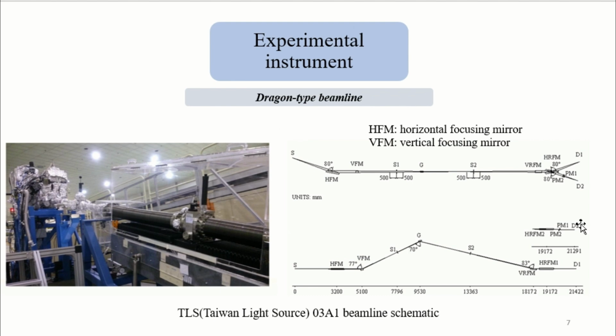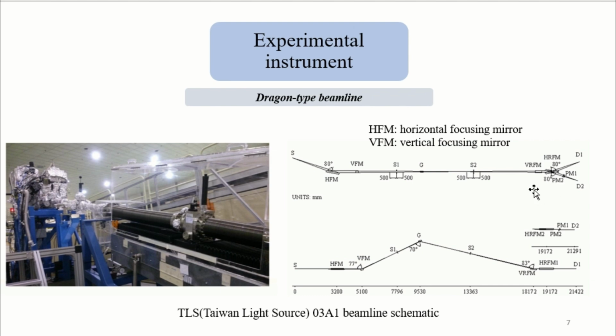This picture is the optical layout of the Taiwan Light Source BL03A1 beamline in NSRRC. It is called a Dragon-type beamline, with a horizontal focusing mirror and vertical focusing mirror, moving the mirror distance, and a slit, which can eliminate aberration.